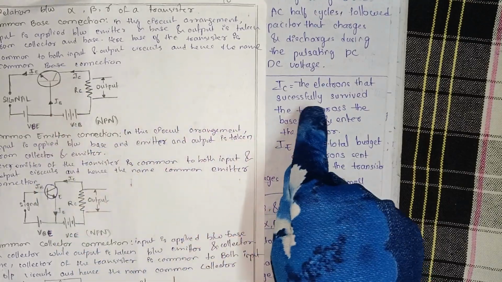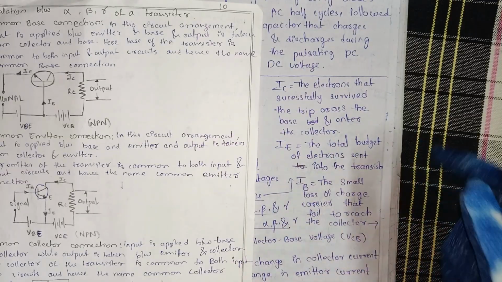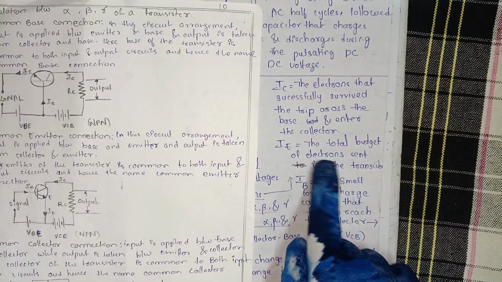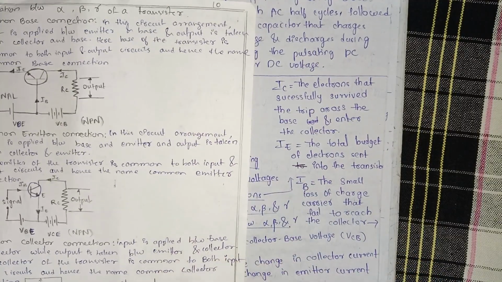So here we are saying successfully survived. Then IE, emitter current, is the total budget of current, electrons sent into the transistor.